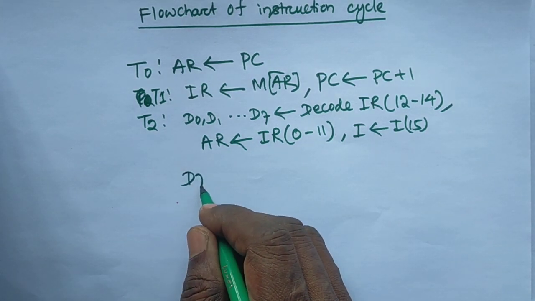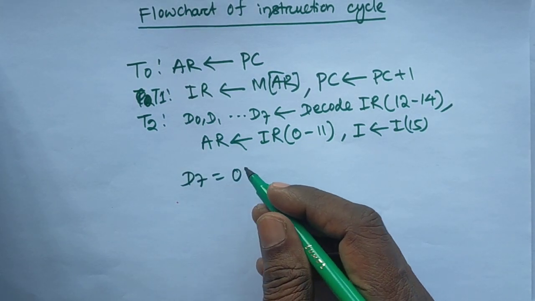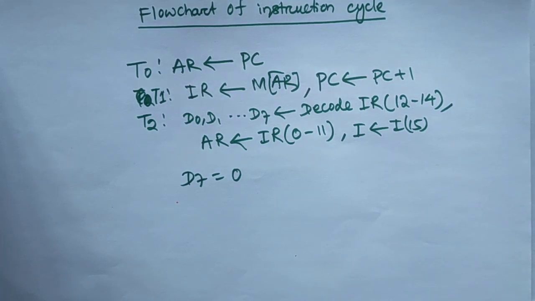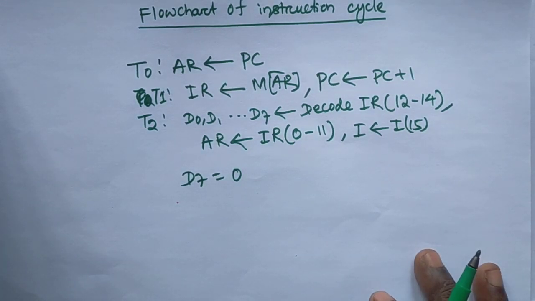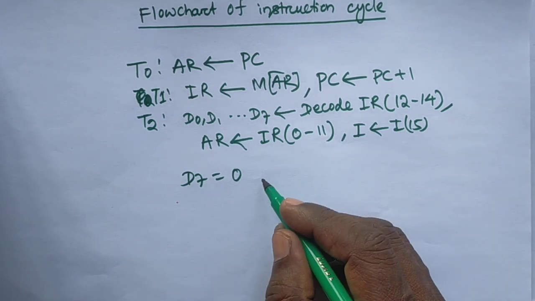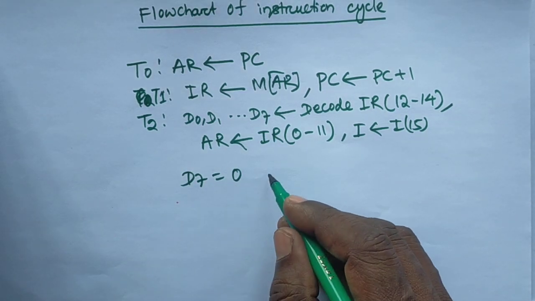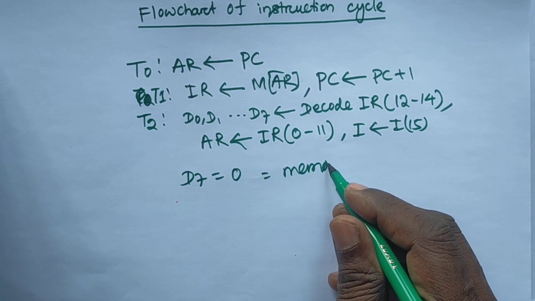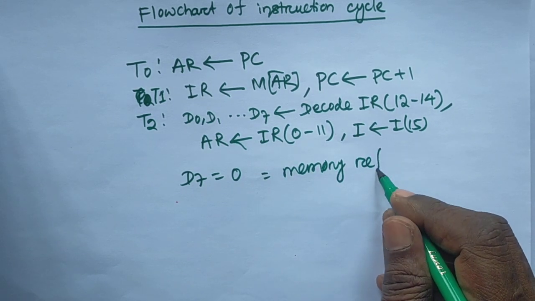If D7 is 0, then it identifies the particular operation to use, that is a memory reference. If D7 is equal to 0, then it will consider that a memory reference.